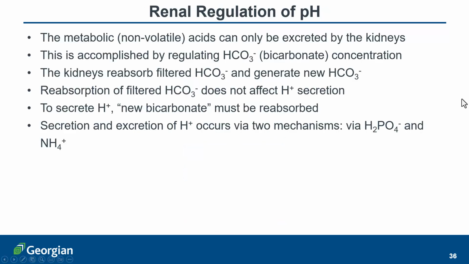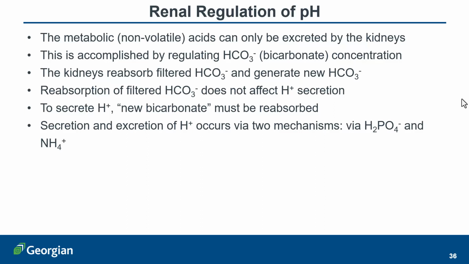Let's now discuss renal regulation of pH, or the role of the kidneys in terms of acid-base balance. The various metabolic or non-volatile acids that are produced through regular metabolism in the body can only be excreted by the kidneys. Remember that the lungs can only excrete the volatile acid, CO2. The non-volatile metabolic acids can only be excreted by the kidneys. This is accomplished by regulating bicarbonate concentration.